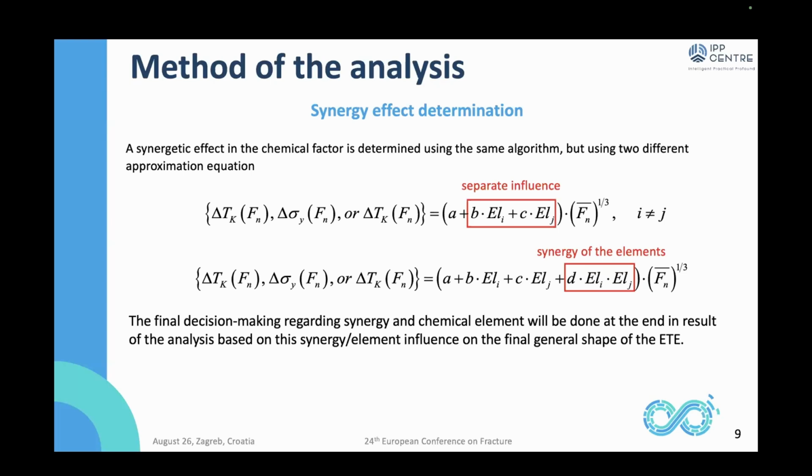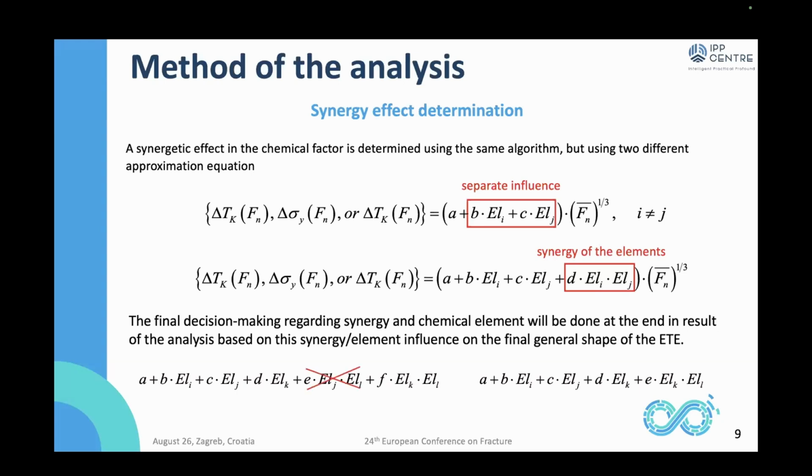So, the final decision regarding the embrittlement trend equation will be made based on the deep analysis with all elements and all synergies, including them in the equation or excluding, and comparing the level of improvement and data scatter.